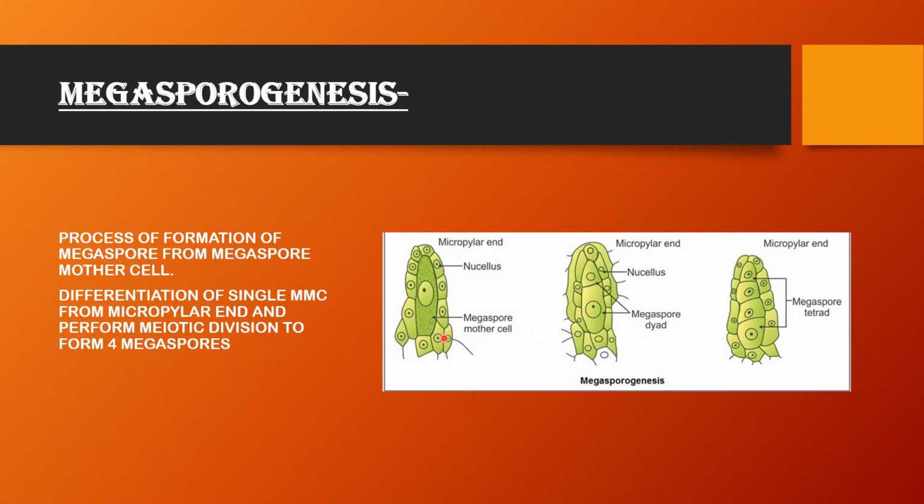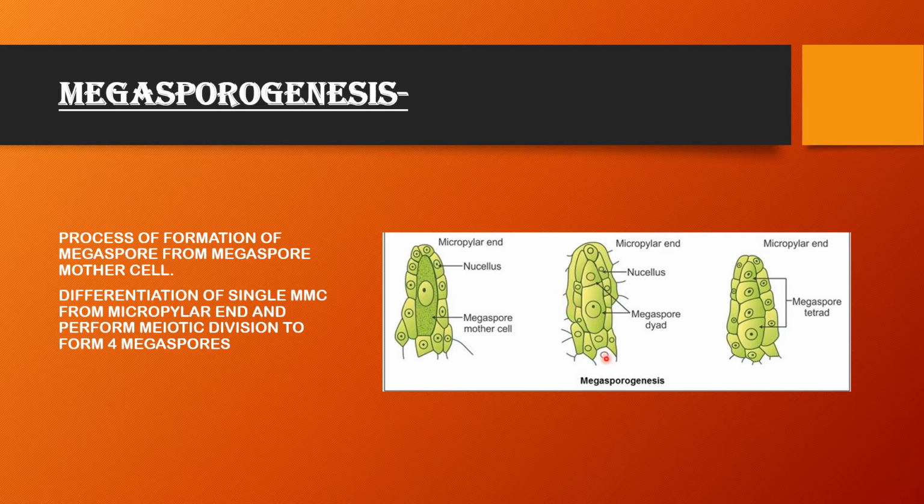Here the diagram describes megasporogenesis. It shows the cellular structure of the nucellus, where you can see a centrally located bigger differentiated cell which is behaving as the megaspore mother cell, surrounded by some parietal cells of the nucellus. This cell is placed at the micropylar end, and it will perform the meiotic division.